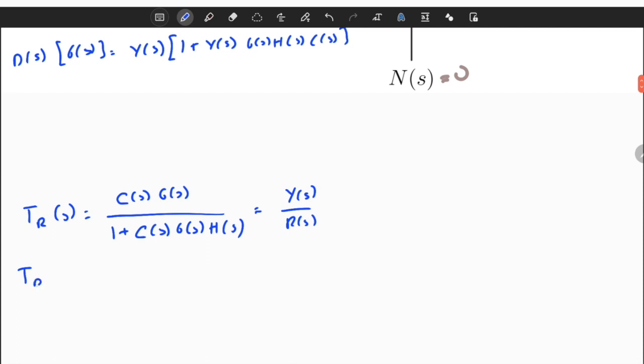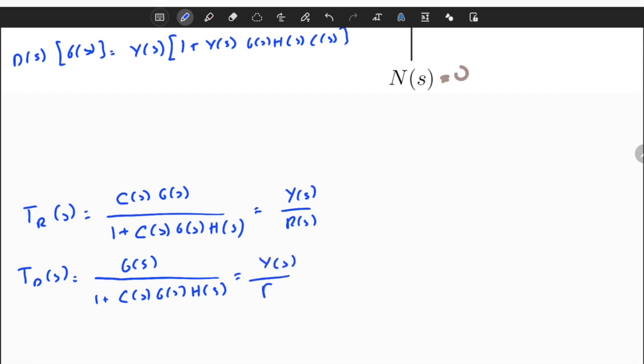So T D of S is equal to G of S over 1 plus C of S, G of S, H of S. That is super nice: Y of S divided by D of S.